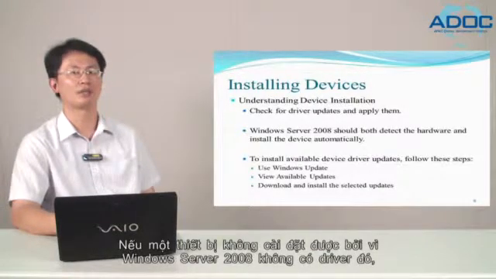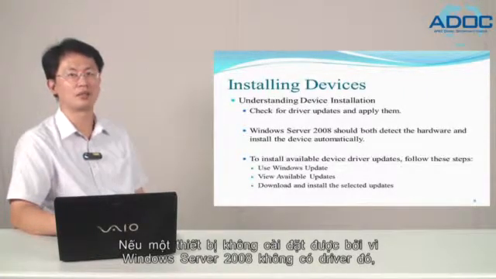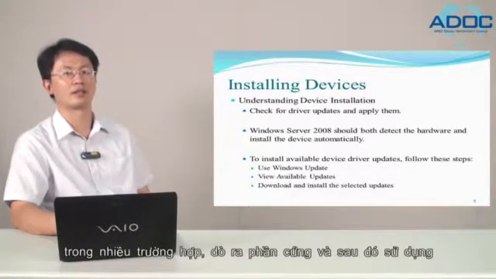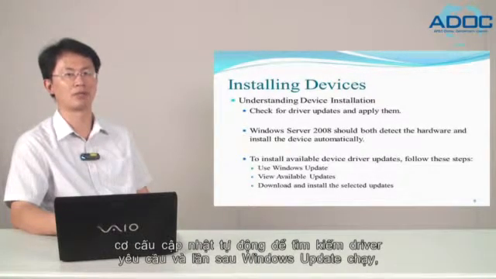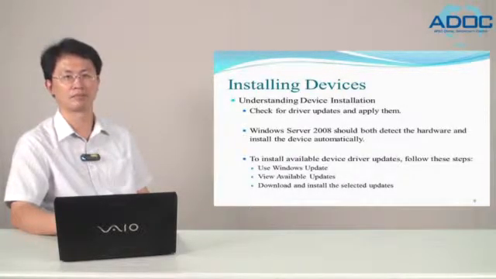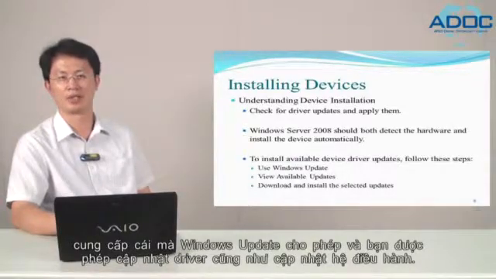If a device wasn't installed because Windows Server 2008 didn't include the drivers, the built-in hardware diagnostics will, in many cases, detect the hardware and then use the automatic update framework to retrieve the required driver the next time Windows Update runs, provided that Windows Update is enabled and you allow driver updating as well as operating system updating.